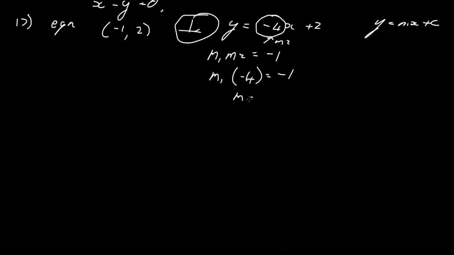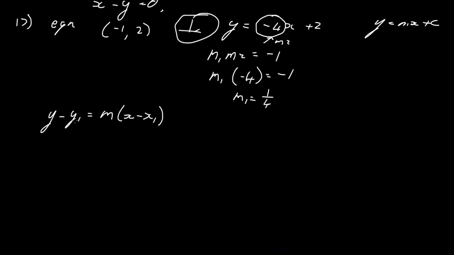So m1 is going to be equal to minus 1 over minus 4, which is 1 over 4. Okay, and now we've also been given a point. So we've got a point and a gradient, so let's use point gradient form. y minus y1 equals m into x minus x1.